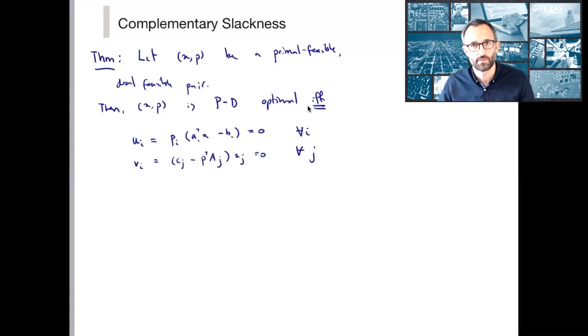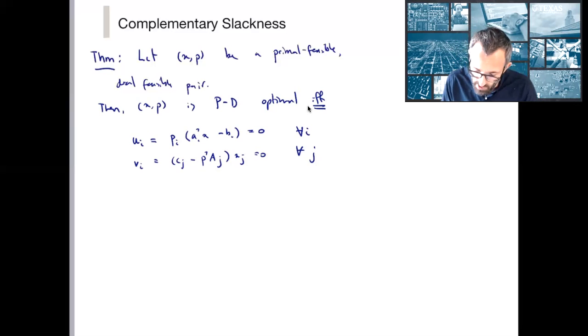So before we prove this, let's just appreciate what it's saying. It's saying something very intuitive and very appealing from a resource or economic interpretation of linear programs. This is exactly why dual variables are often thought about as prices or the marginal cost of a particular resource. So if you have a1 x less than b, b is the amount of resource that you have, and its dual variable would be p.